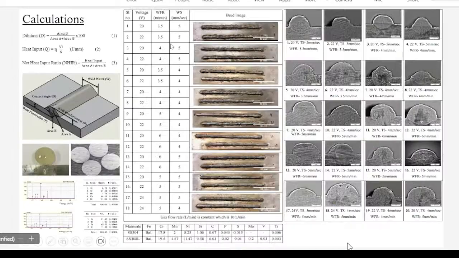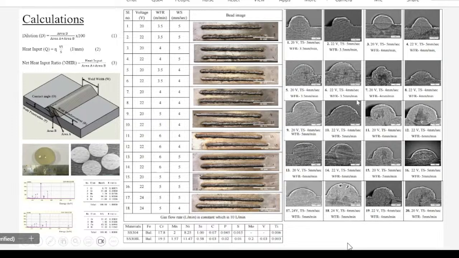So these are the basic beads we have tried. As I've told you, before making the WAM component, we have to try a single bead for different process parameters to find the best possible, optimized process parameters for which we can go for a WAM component. So these are the multiple ranges we have taken, 20 to 24, and wire feed rate and welding speed.